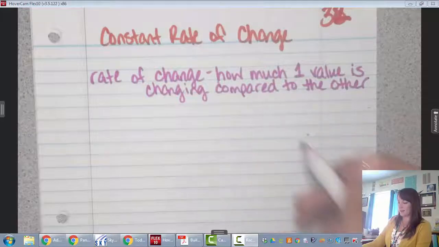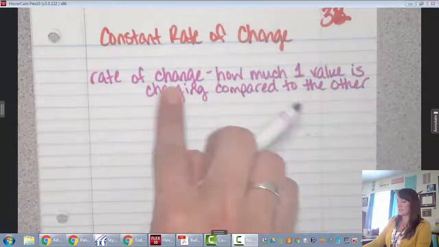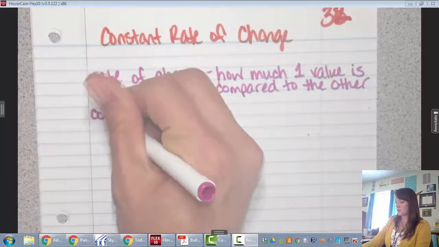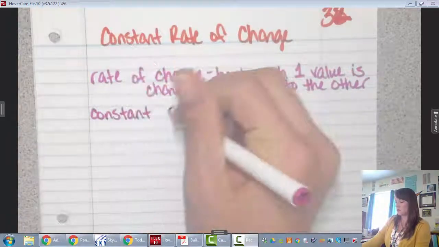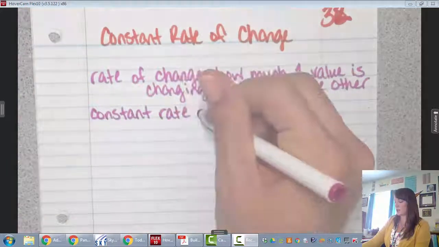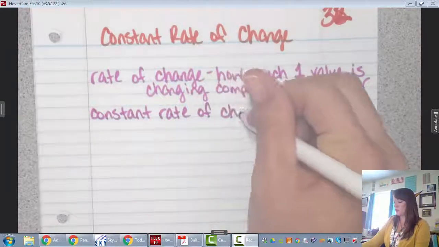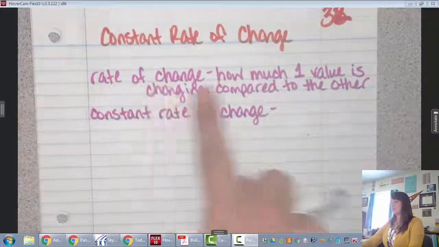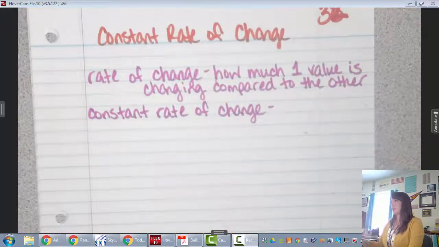It's the same thing, but we're going to add the word constant in front of it. Constant rate of change, which is the whole lesson. It's just saying that it's not changing. It's going to be the constant.